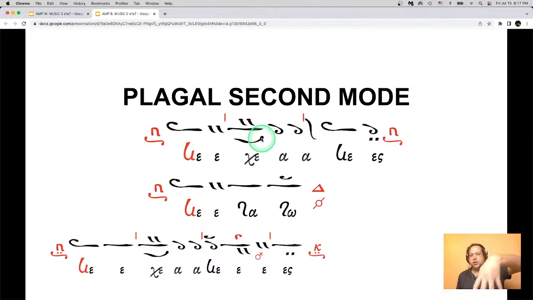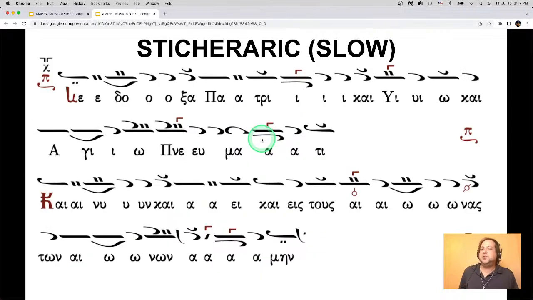But usually what you would see is nehianes. So let's do the sicker arc first.